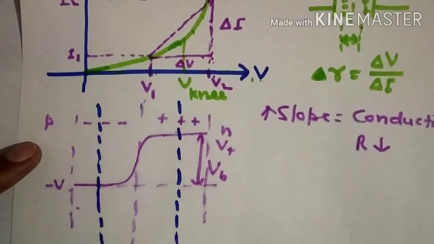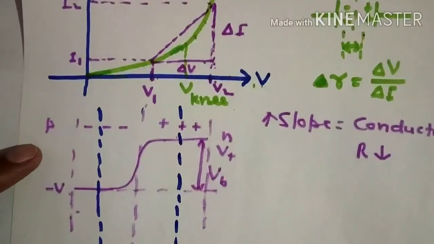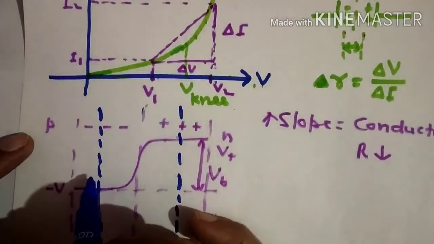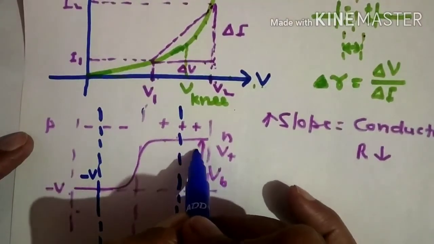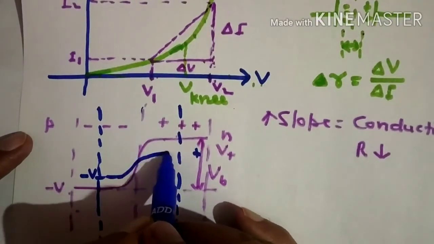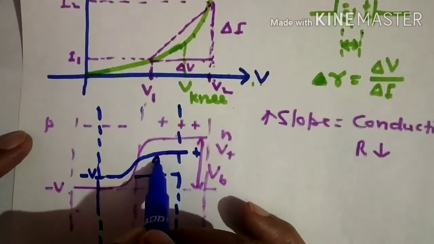Due to the decrease of the width of the depletion layer, the value of negative charge also decreases and the value of positive charge also decreases, and so finally the barrier potential decreases.